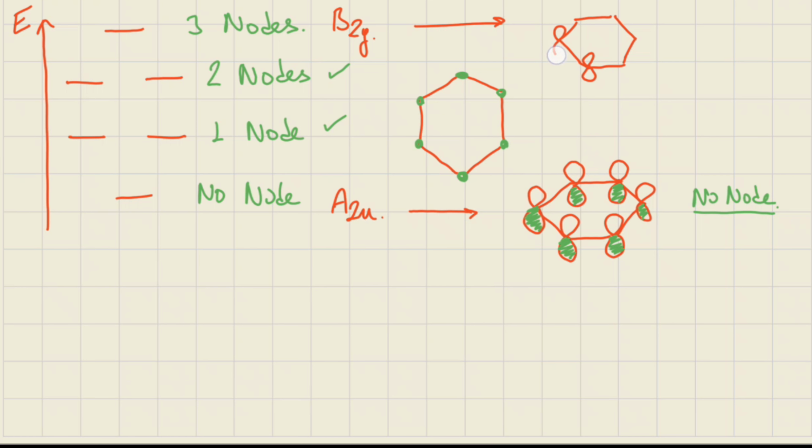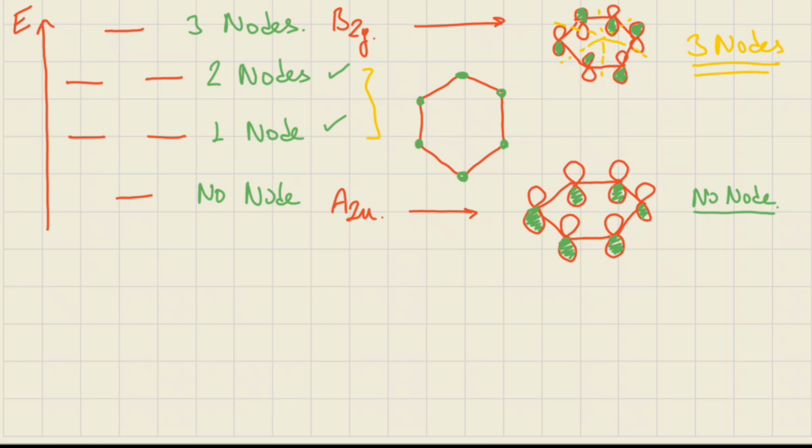So we need to make three nodes. To make the three nodes, I don't have any choice. The phase will shift in each orbital, and I will create the three nodes. For instance, we have a node here, we have a node here, and we have a node here. So there are three nodes.